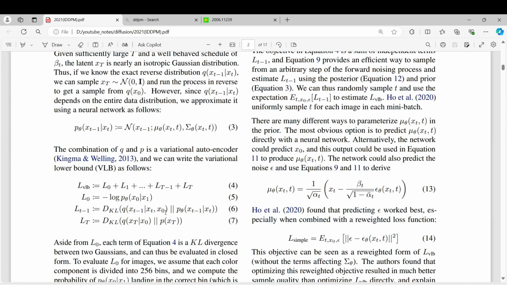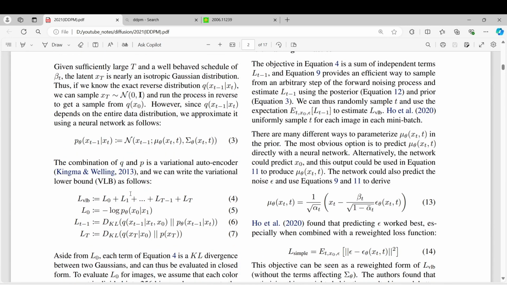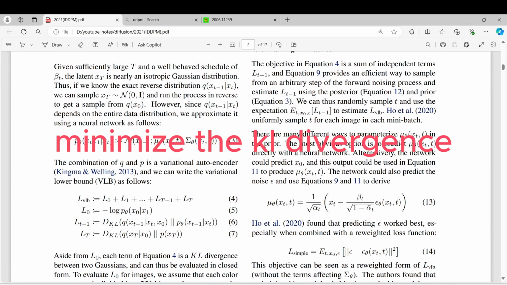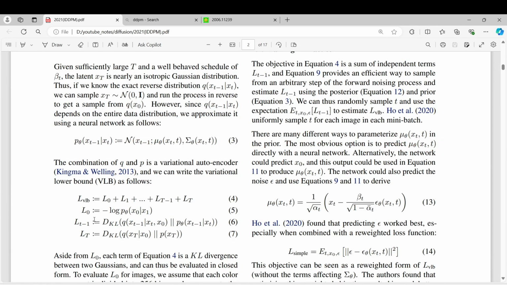We want to make these two conditional distributions as close as possible. If we are able to match this KL divergence, we can get our model which can undo the forward process and get samples.